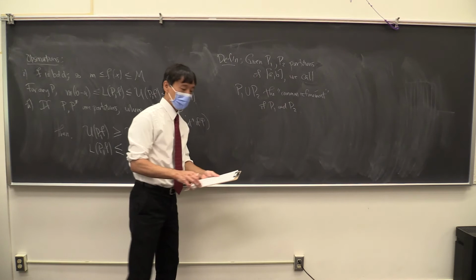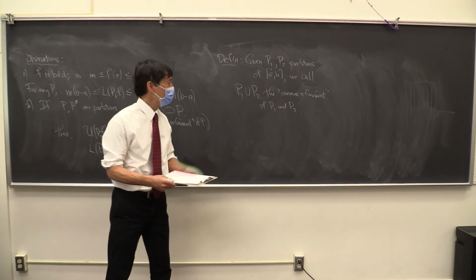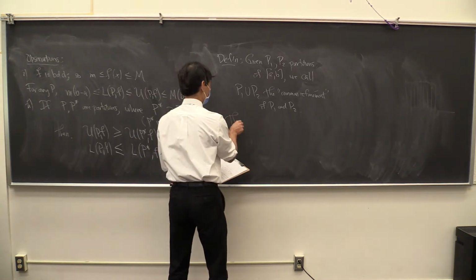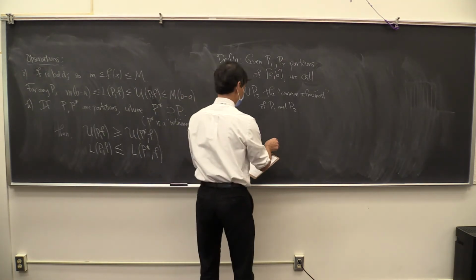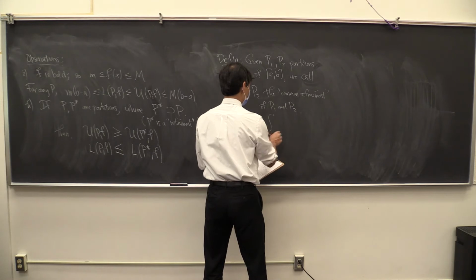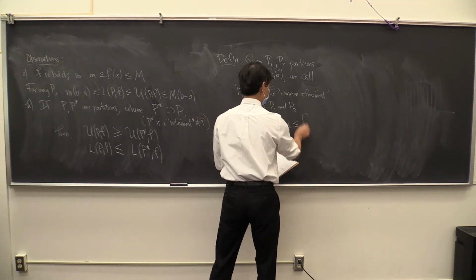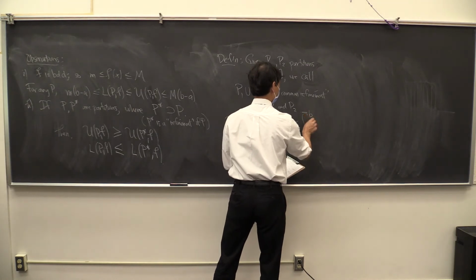Okay, so I'm going to just say one more thing about the Riemann integral, and that's this theorem that the lower Riemann integral is always less than or equal to the upper Riemann integral.